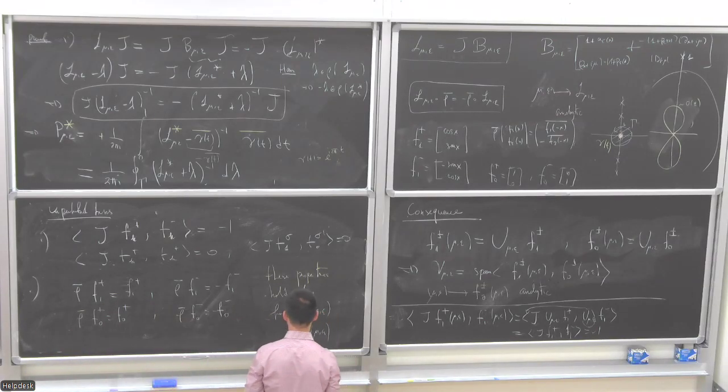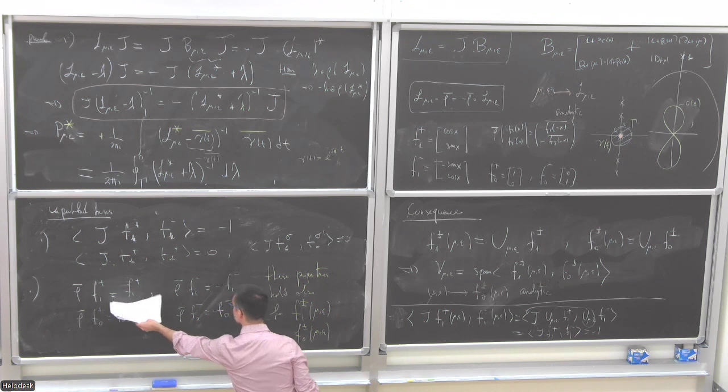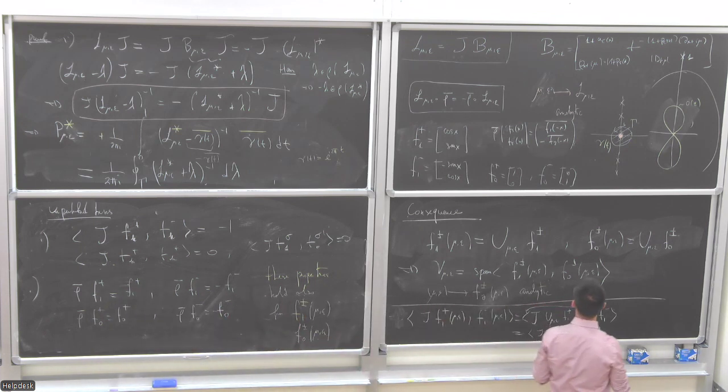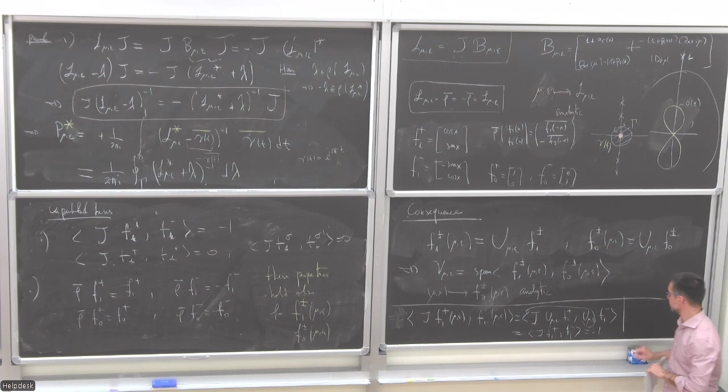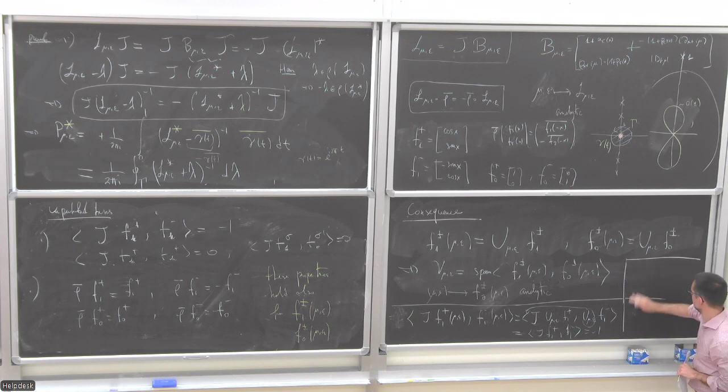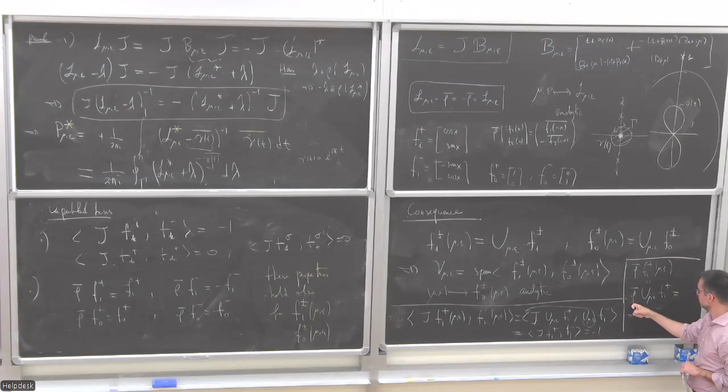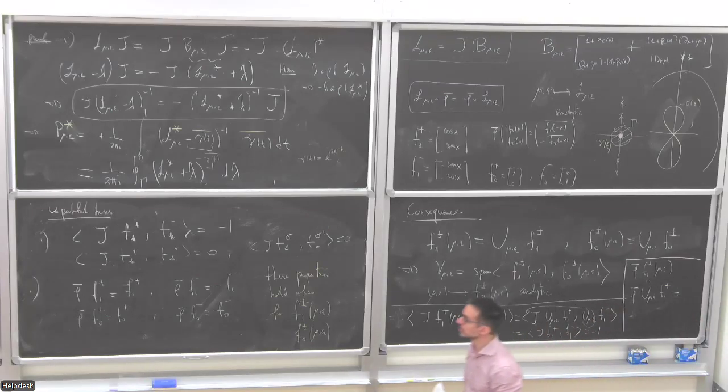Let me check, for example, the reversibility, but this is also the same. If you do rho bar applied to F1 plus mu epsilon, what is this? This is rho bar U mu epsilon F1 plus. What is U?